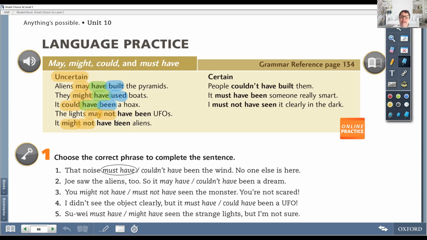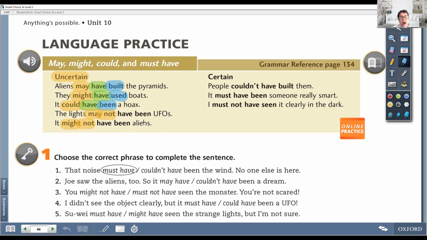I think the lights may not have been UFOs. Maybe they were a balloon or an airplane, right? I don't know. So they may not have been. When I don't believe and I'm not so sure, I can use the modal verbs with the word not to make the negatives.